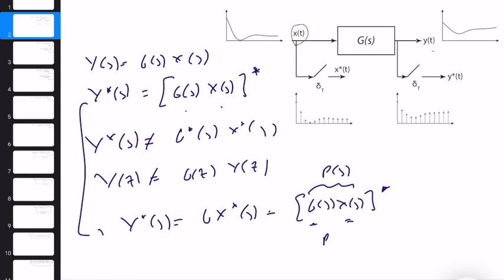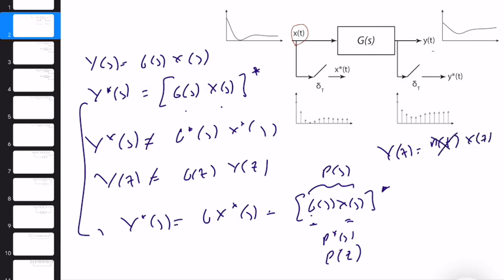Then you can compute p star of s, and you can compute p of z. The basic idea is, since you cannot separate g and x from each other, we cannot find a transfer function between input and output in the z domain.